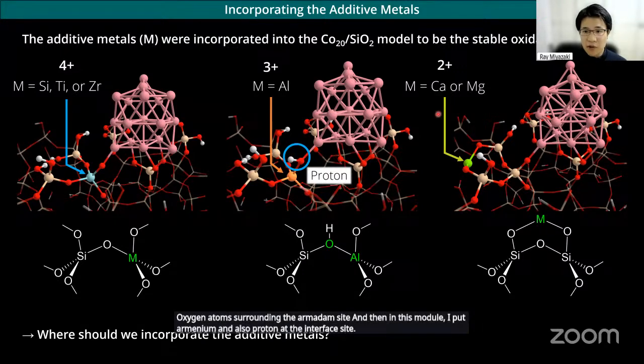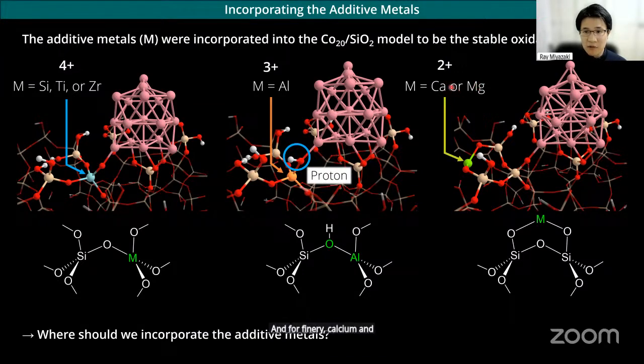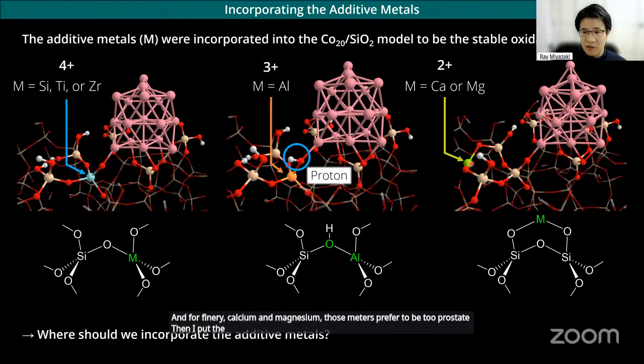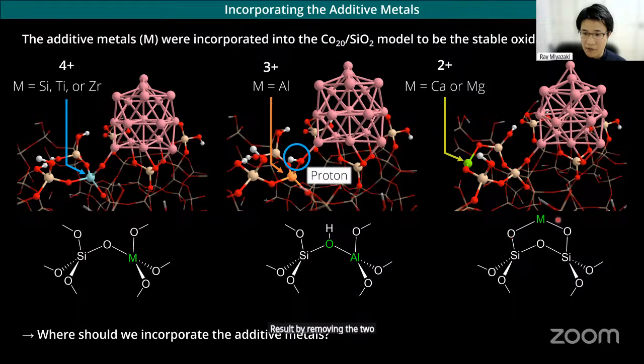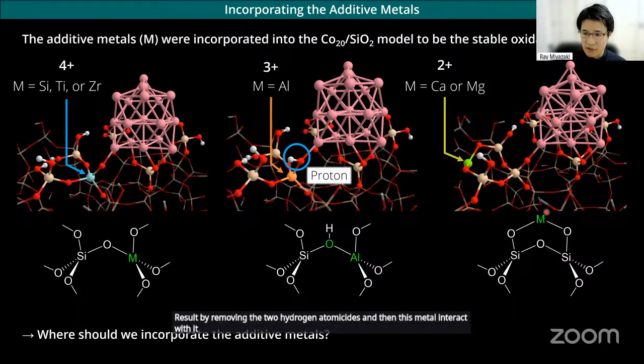And finally, calcium and magnesium, those metals prefer to be in a 2+ state. So I put those metals at the bridge site between 2 OH groups by removing the 2 hydrogen atoms, like this. Then this metal interacts with the 2 oxygens. That means this metal is formally in the 2+ oxidation state.